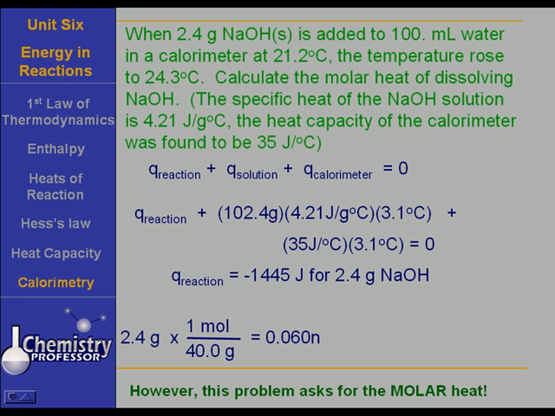And that 0.060 moles of sodium hydroxide lost, the Q for the reaction was minus 1,445 joules. You've got to figure it for a mole, so take minus 1,445 joules divided by 0.060 moles, and lo and behold, you get minus 24,000 joules per mole. That's the way calorimetry problems are worked.